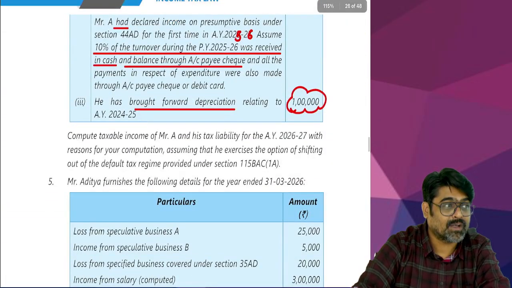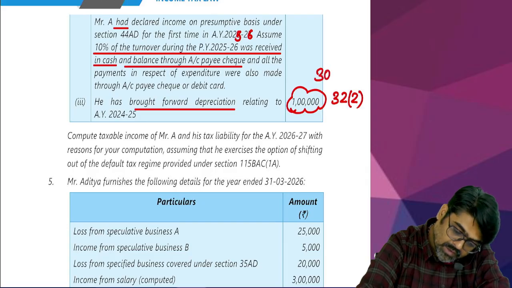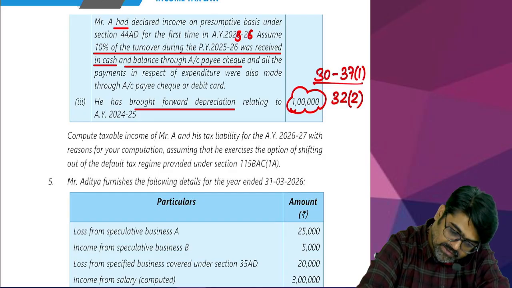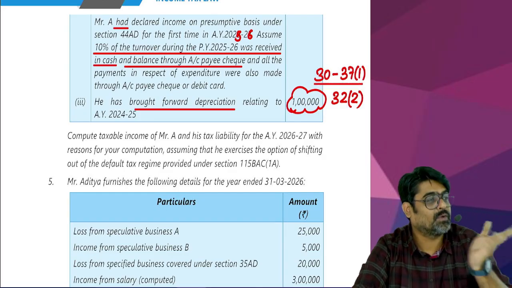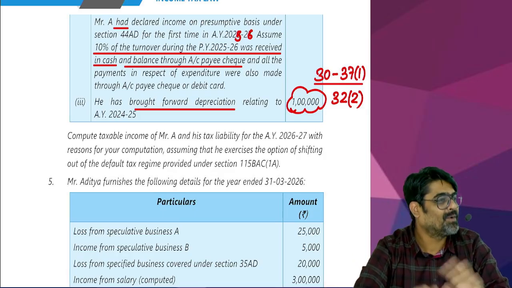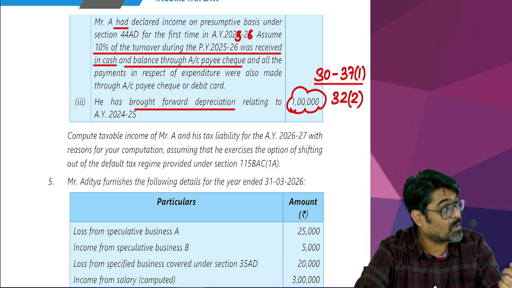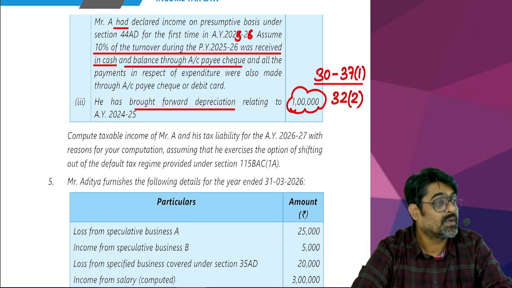Unabsorbed depreciation is allowed as per which section? So, the range of 32 to 37, 1. All the deductions under 32 to 37, 1 are deemed claimed, including this, and will not be separately allowed. So if you calculate your PGBP income as per normal provisions, then you can set off this unabsorbed depreciation.